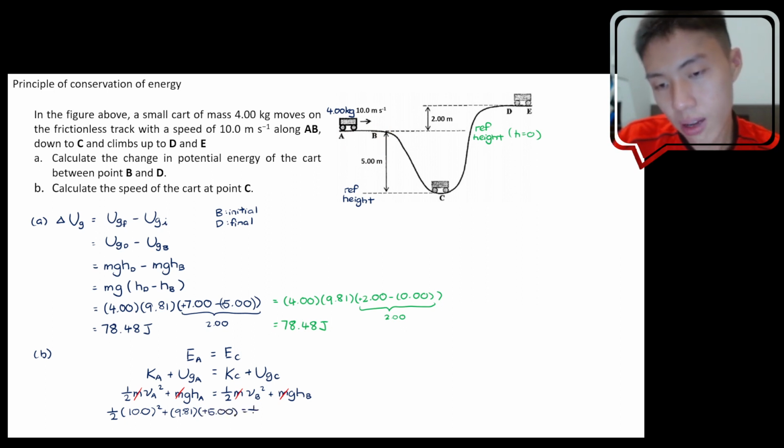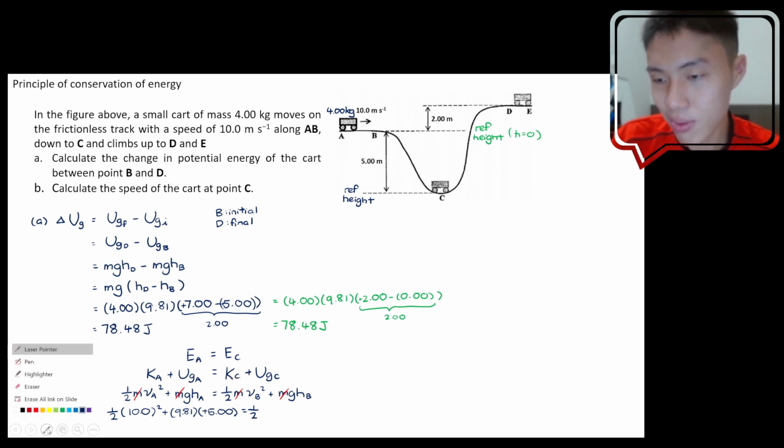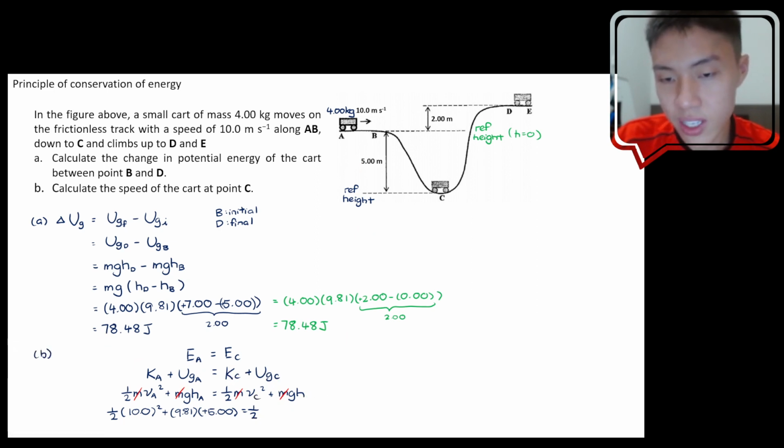Is equals to half v_B. Why am I writing v_B? I'm comparing with C, right? Haha, it's my mistake. I'm comparing it with mechanical energy at C because you're interested in the value at C. So v_C is what we want to find. Let's write it down as v_C squared plus 9.81. What's the height of C?